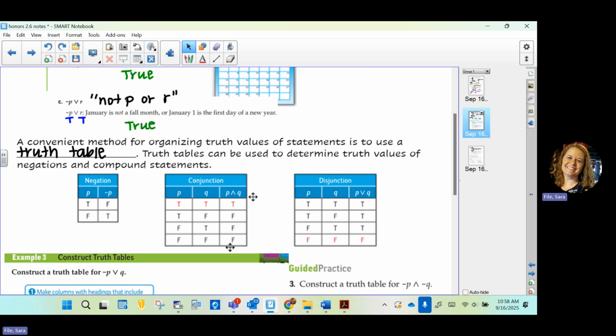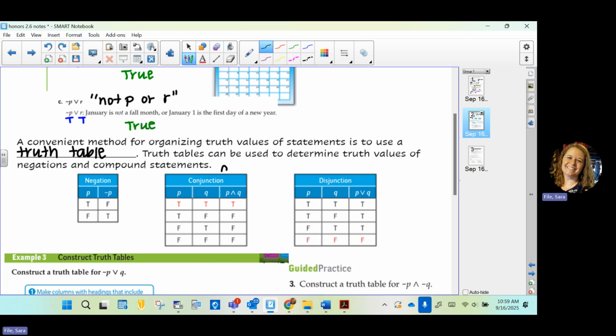Then I have the conjunction P and Q. The only way P and Q can be true is if both P and Q are individually true. So for a conjunction, there's only going to be one true in your truth table. The rest will be false, because for our and statements, both have to be true.